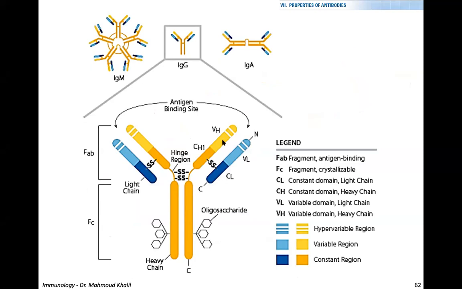You can see where is the variable region of the heavy chain, and the variable region of the light chain. As well, you can see the site of the binding of the carbohydrate chain. You can see how they differentiate between the hypervariable region, the variable region, and the constant region for different types of chain. Actually, this figure is another illustration of the general structure of the antibody.